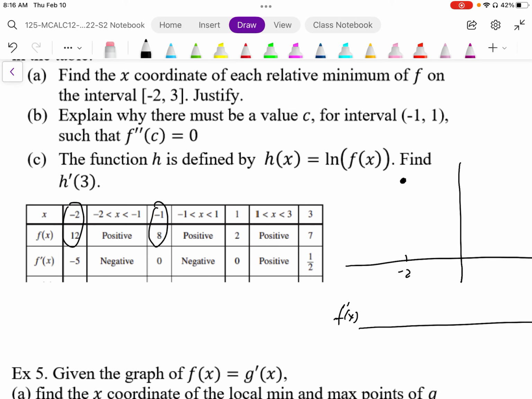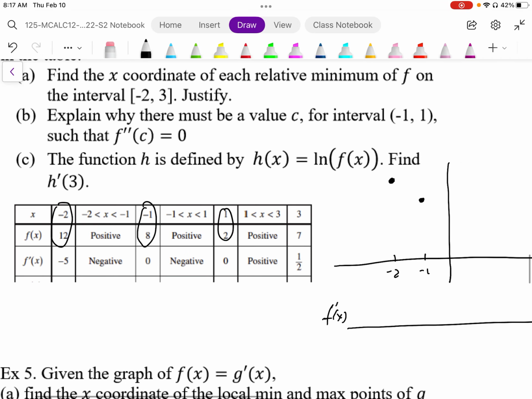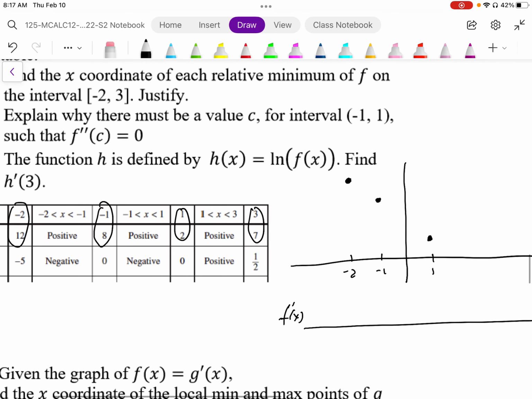At x equals -1, my y coordinate is 8, so maybe I'll draw it somewhere around here. At x equals 1, the y coordinate is 2, and at x equals 3, the y coordinate is 7.